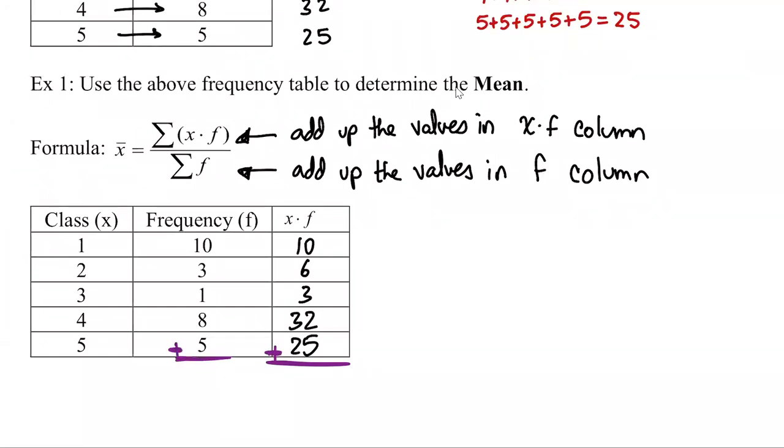So 10 plus 3 plus 1, so it's 14, plus 8 is 22, plus 5 is 27. And then 10 plus 6 is 16, plus 9, 19, plus 32 is going to be 51, I think. So 76. And so the mean, X bar, is just going to be the 76 divided by the 27.